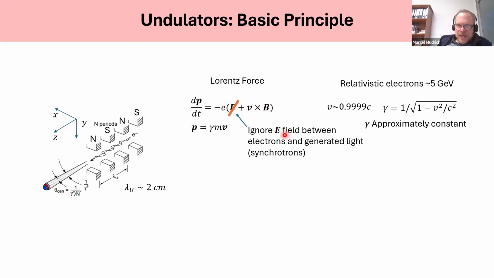So in synchrotrons, we can ignore the electric field. This, however, is no longer the case when we come to free electron lasers. We will see that in free electron lasers, the main difference compared to synchrotron sources is that the electric field emitted by the electrons can no longer be ignored.